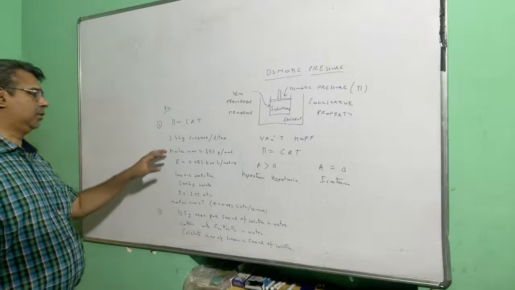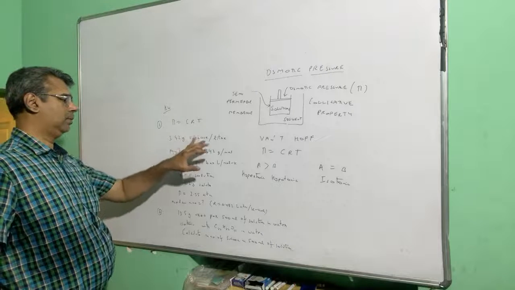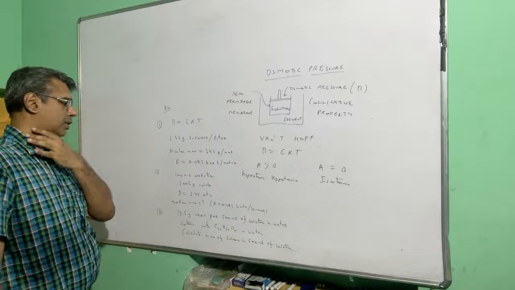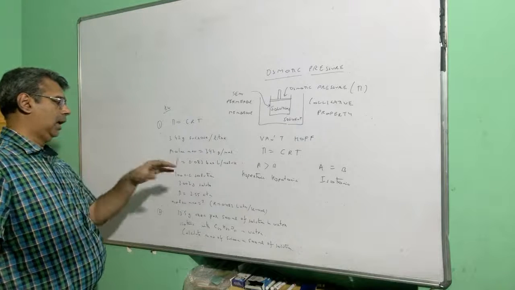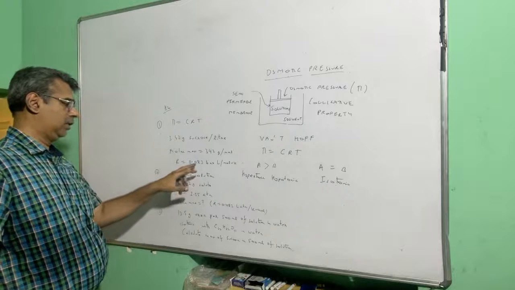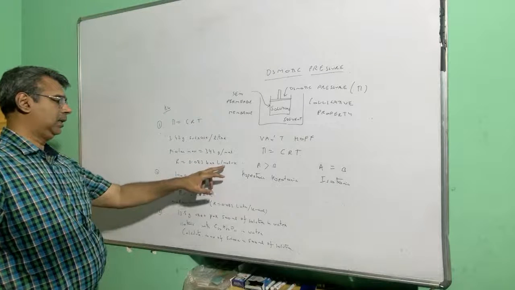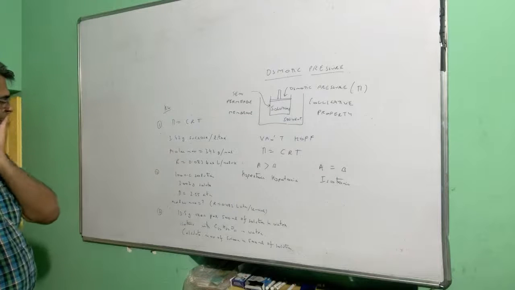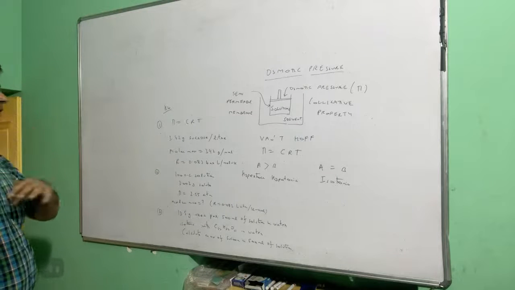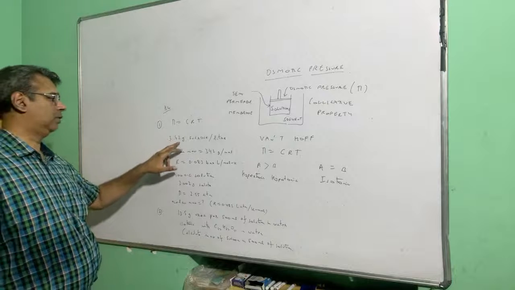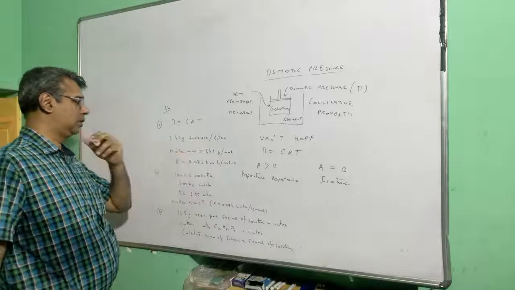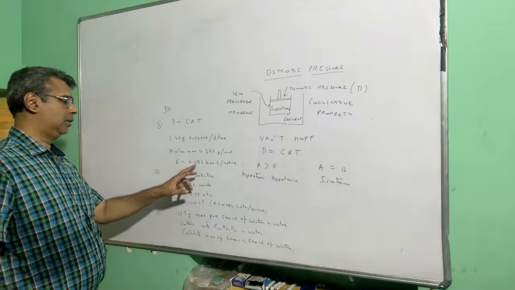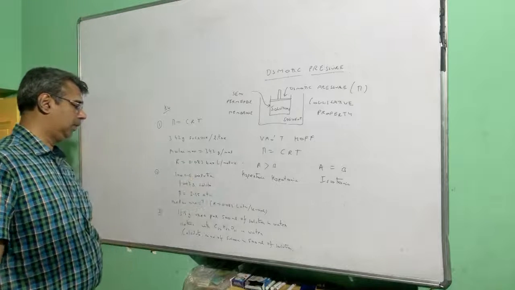The molar mass of sucrose is 342 grams per mole and the gas constant is 0.083 bar liter per mole Kelvin. You have to find the osmotic pressure of the solution.